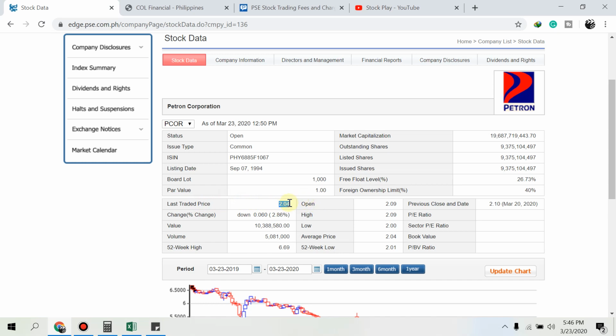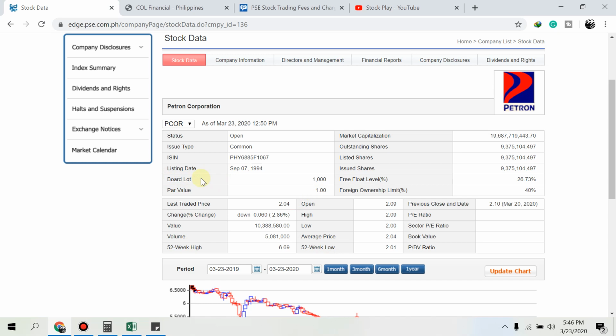No? Then, isa pang kailangan natin is yung minimum number of share na pwede nating bilhin sa isang stock. So, for Petron, 1,000. Yun din guys yung tinatawag na board lot. Okay, ulitin natin.